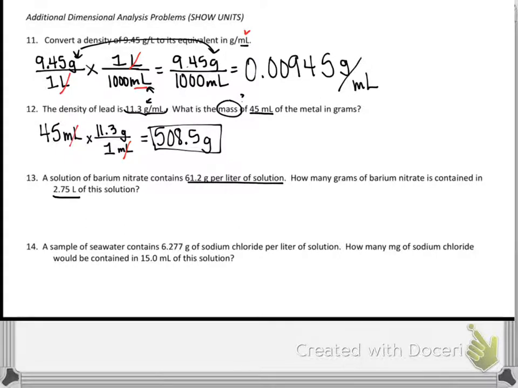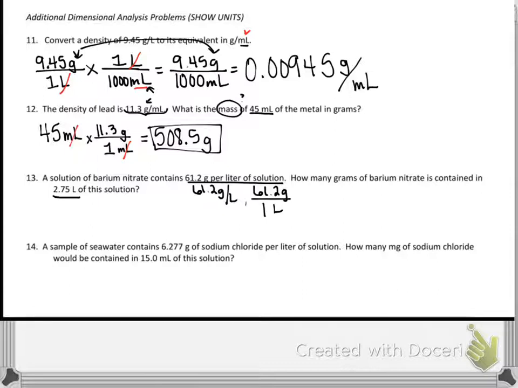Since it's 61.2 grams per liter, we also have to know that this can be written in a different way. It can be 61.2 grams per liter, or you can also write it as 61.2 grams over 1 liter. So these are two ways that we can write it.